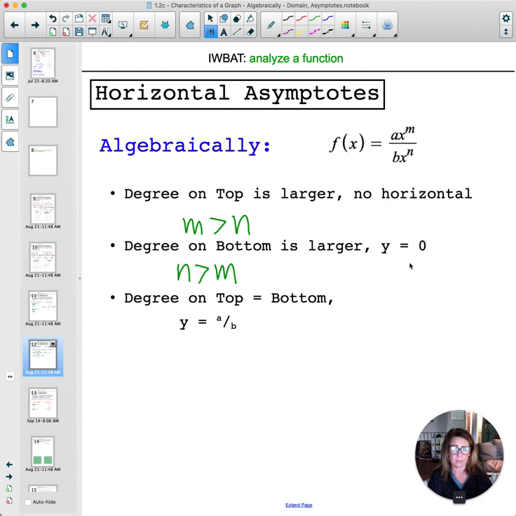If they're the same, like x cubed over x cubed, then your horizontal asymptote is the ratio of these lead coefficients. So if you had 3x squared over 5x squared, the horizontal asymptote would be y equals 3/5. Just the ratio of those if your degrees are the same.